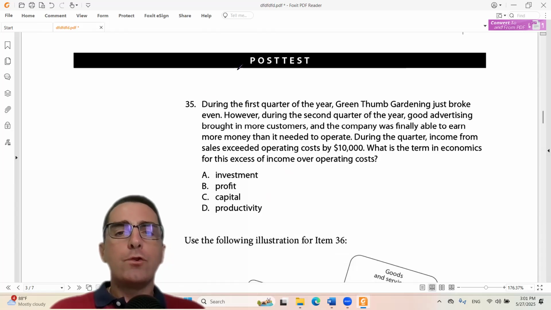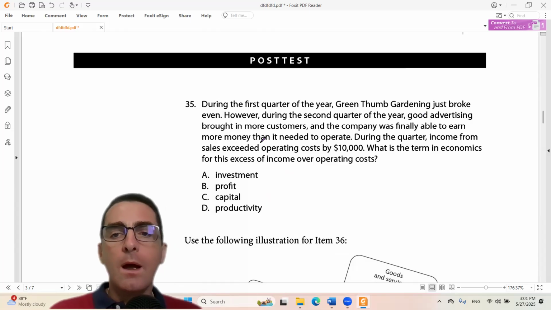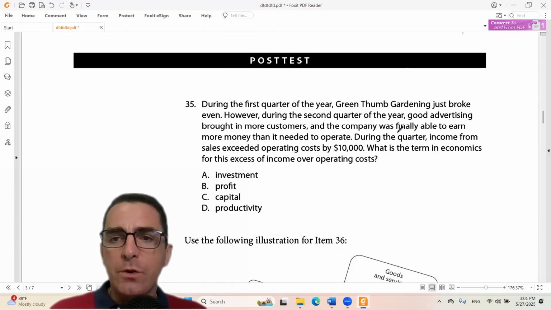Let's read. During the first quarter of the year, Green Thumb Gardening just broke even. However, during the second quarter of the year, good advertising brought in more customers, never a bad thing. And the company was finally able to earn more money than it needed to operate.